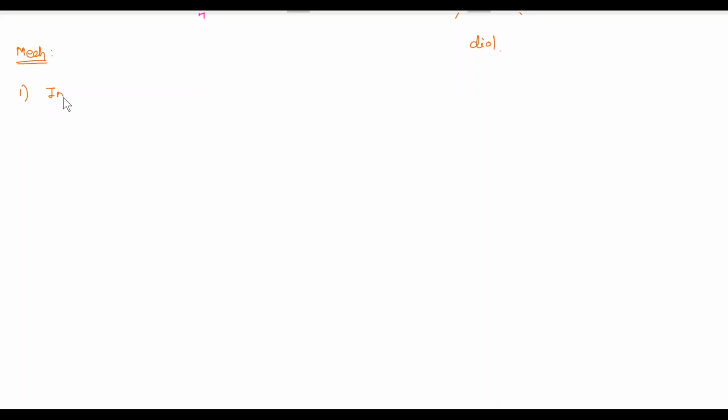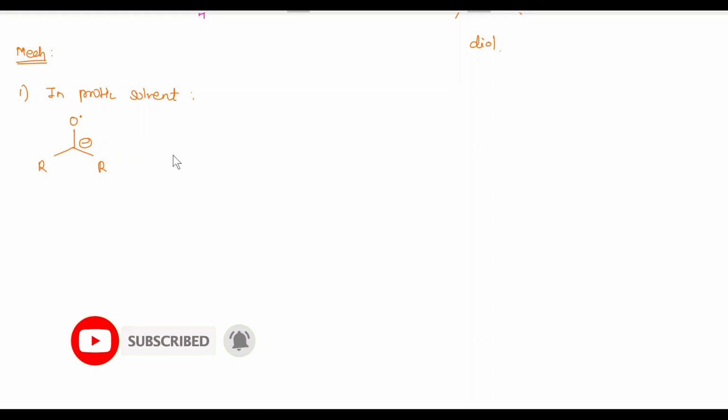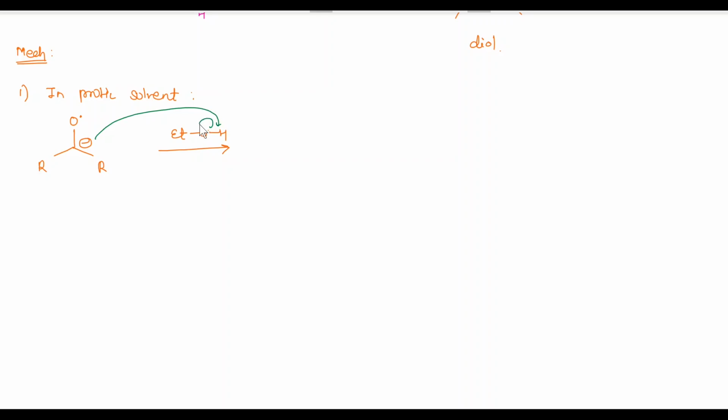First, in protic solvent, in presence of protic solvent, the resonating form of ketyl radical anion, solvent ethanol, this negative charge abstract this proton, and here we get here hydrogen R and oxygen radical.